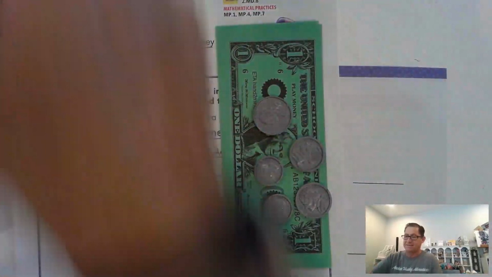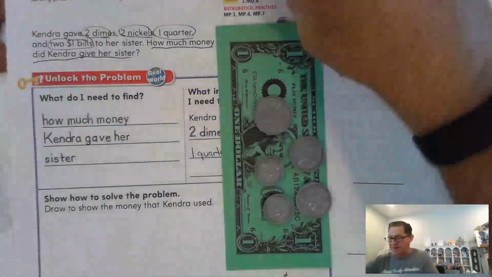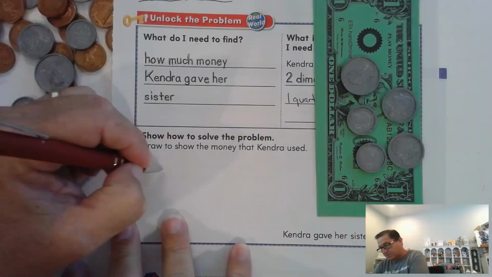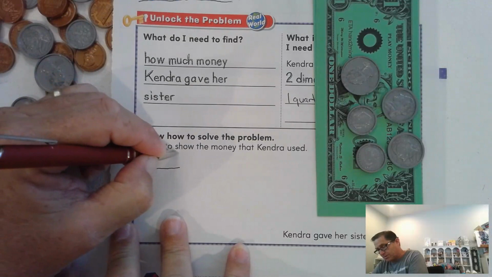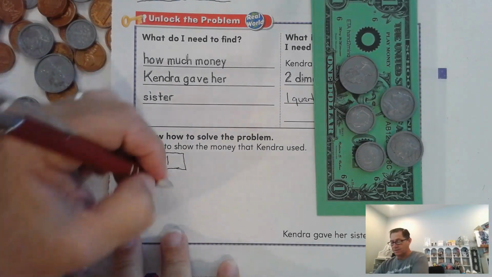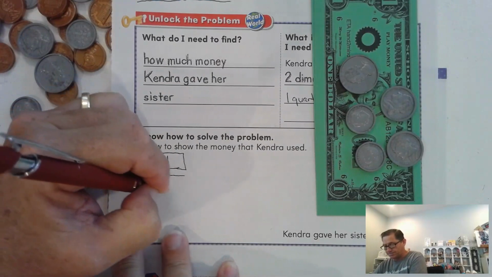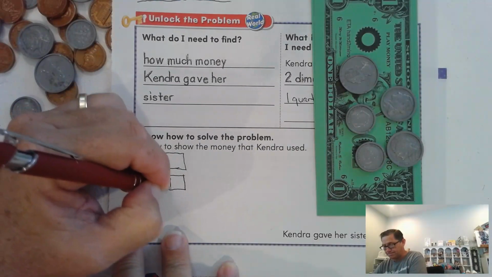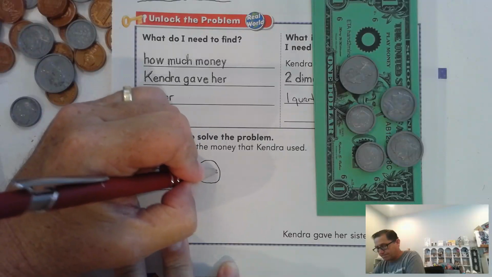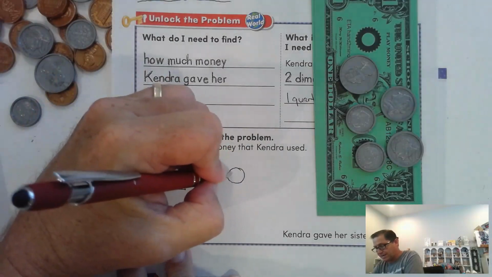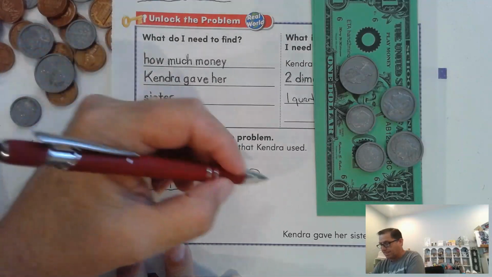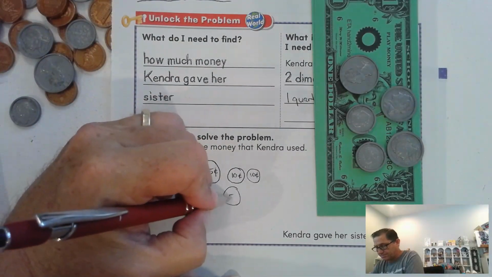Now, what if I didn't have money to count like this, and I just had paper? Well, I can draw a picture of this. Let's draw a rectangle to represent a dollar. So she had $2, a quarter, 2 dimes, and 2 nickels.